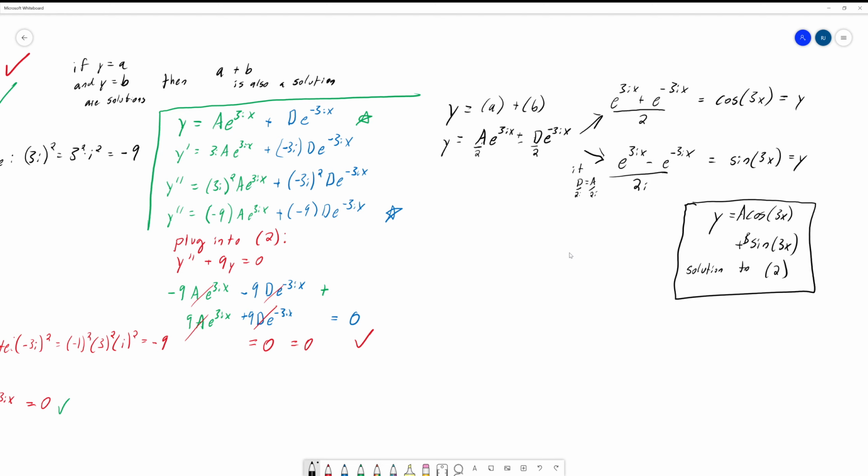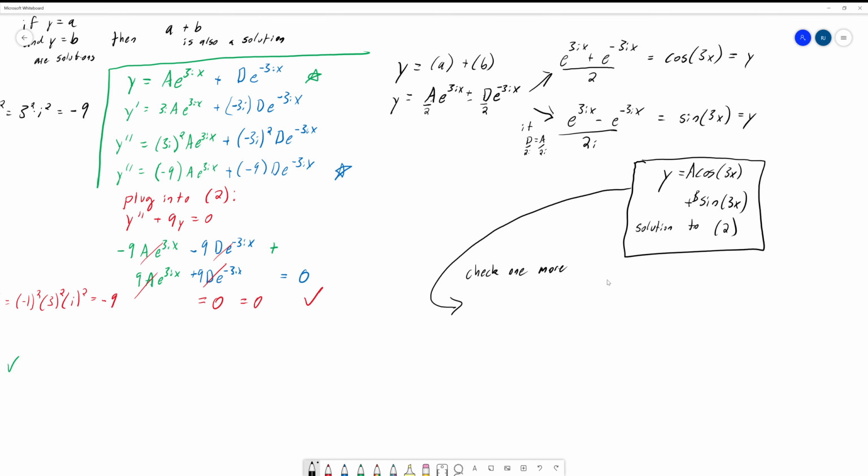And we're going to check one more time, just to convince you that this is, in fact, the way that things work out. So again, our equation 2 was the second derivative plus 9y equals 0.